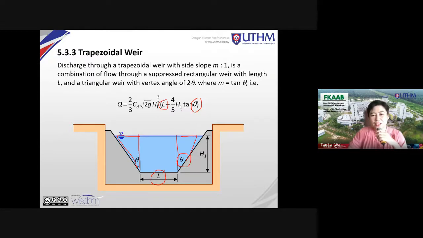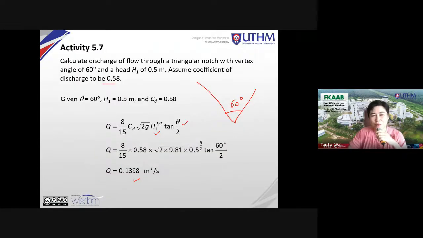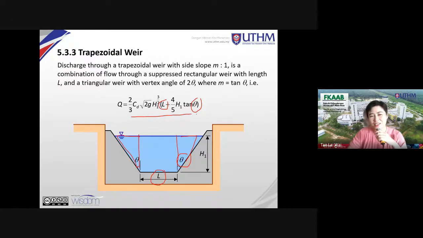There's a similarity here. You can actually combine this formula and the formula for the rectangular weir. Combine them, and you get exactly the trapezoidal weir.